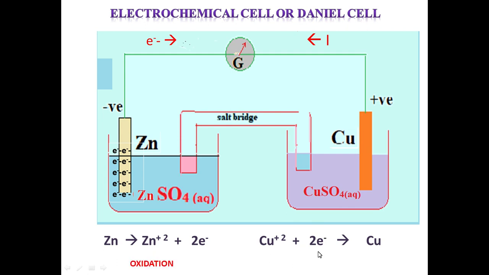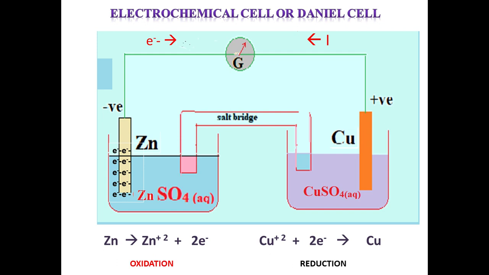So loosening of electrons is called oxidation and gaining of electrons is called reduction. Both are complementary in nature. If there is oxidation, then there must be a reduction. If there is a reduction, then there must be an oxidation. That is the rule of redox reaction.